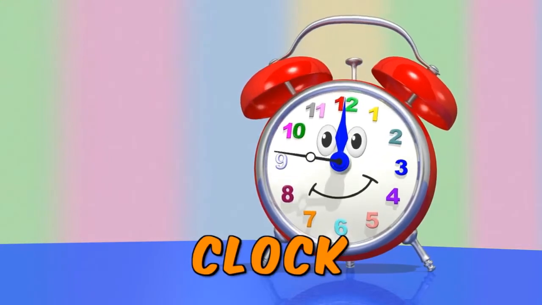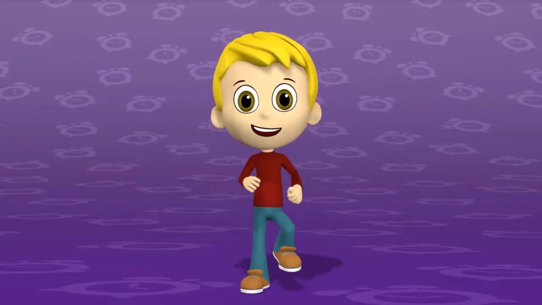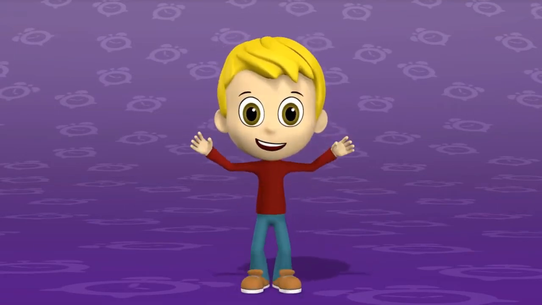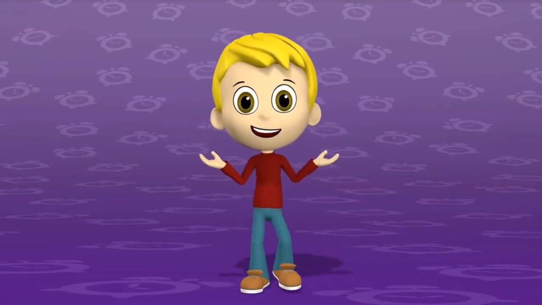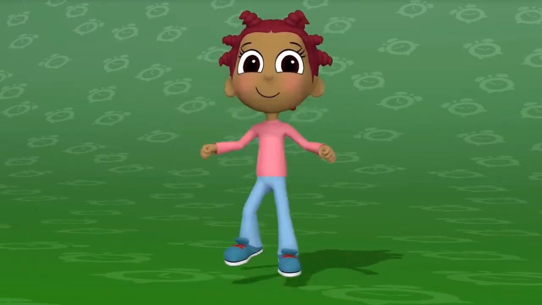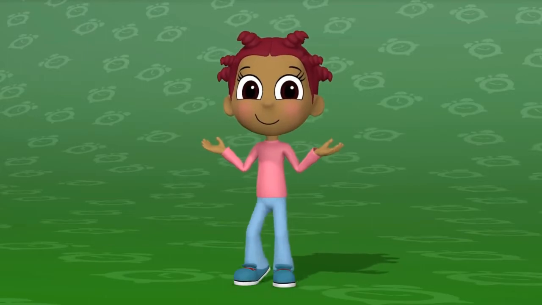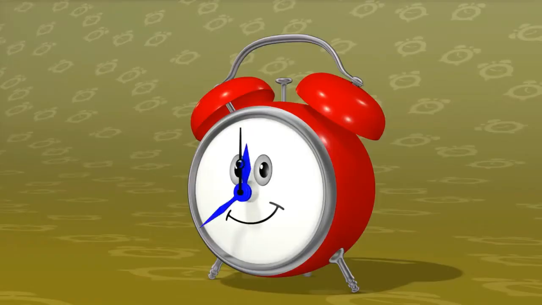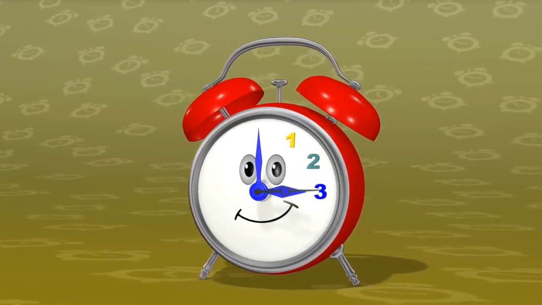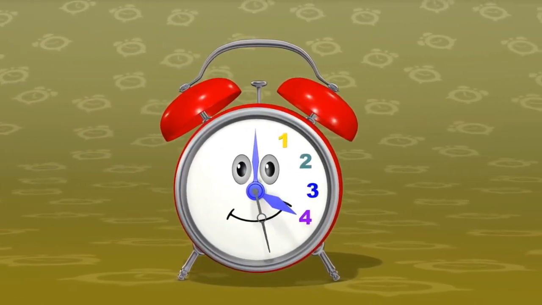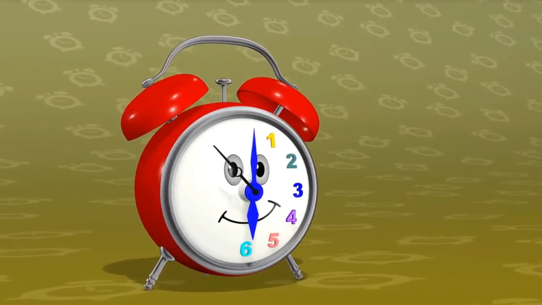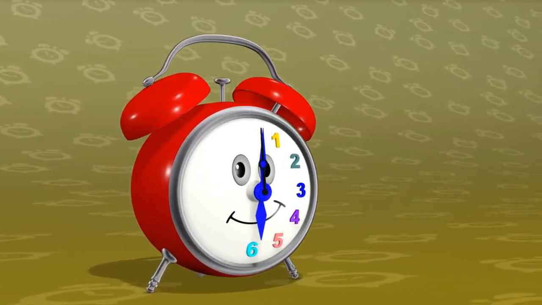Clock. The clock is ticking, tick-tock. What's the time, Mr. Clock? The clock is ticking, tick-tock. What's the time, Mr. Clock? 1 o'clock, 2 o'clock, 3 o'clock, 4 o'clock, 5 o'clock, 6 o'clock. What's the time?